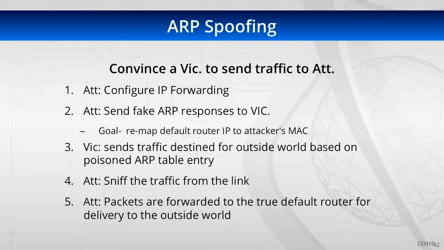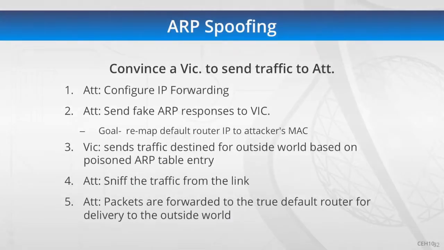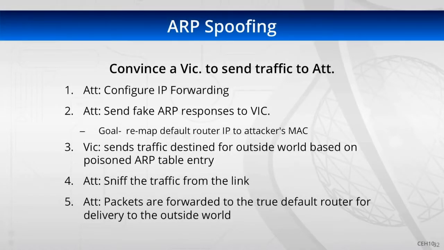And then I'll send a fake ARP response to a victim: hey, when you want to get there, remap your default outbound to me. I'm actually the way you want to go. The victim sends the traffic destined for the outside world based on the poisoned ARP table entry. I poisoned him, he sends to me. I now examine the traffic that's sitting right in front of me, and I pass it on to its destination. So I've inserted myself into the conversation.